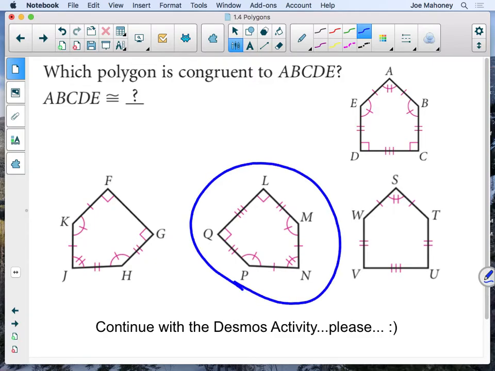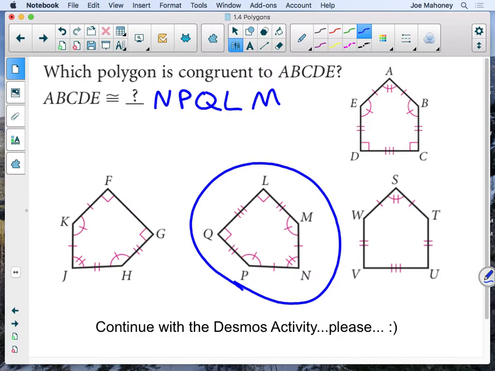And if we label it, it's going to be polygon N, P, Q, L, M. So notice that we're going in the corresponding sides and corresponding angles. Angle A corresponds to angle N. Angle B corresponds with angle P, and so on.